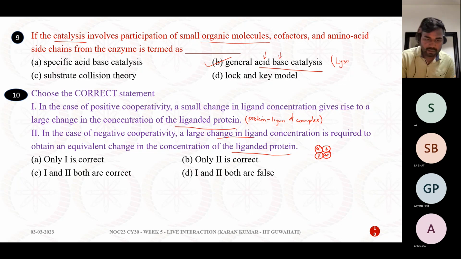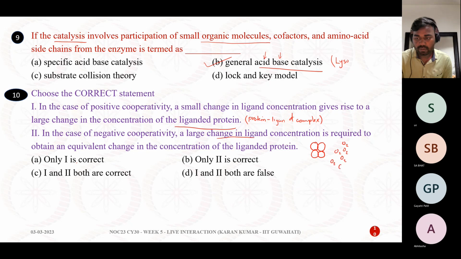Okay, good. As I was discussing, in the case of hemoglobin, when hemoglobin is not bound to oxygen molecules, there are a lot of oxygen molecules present.